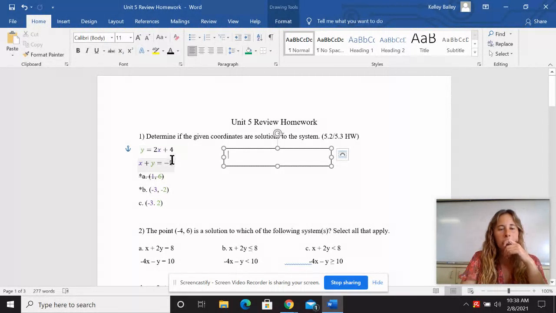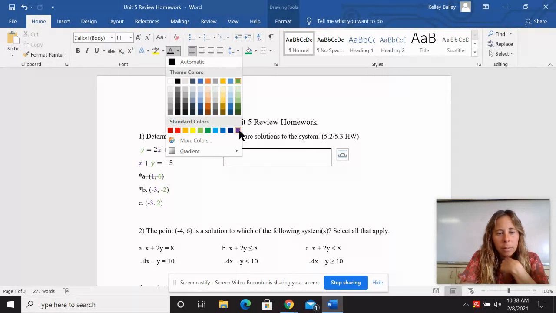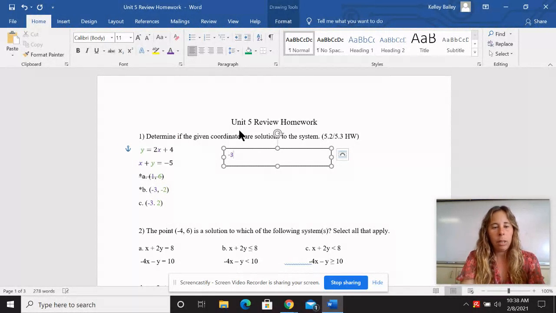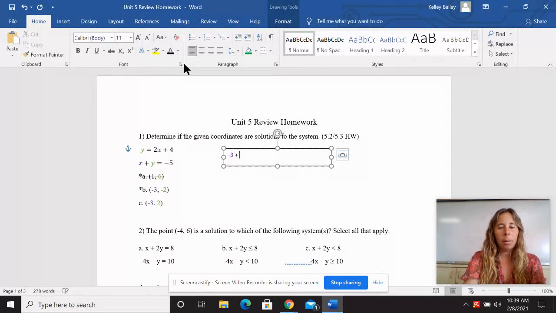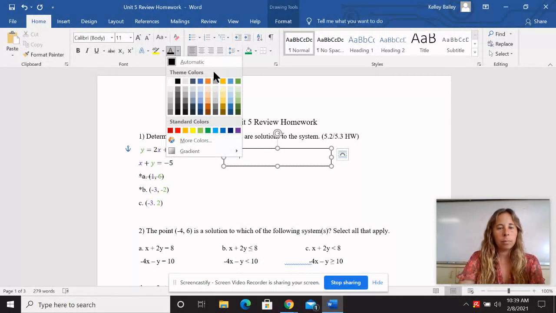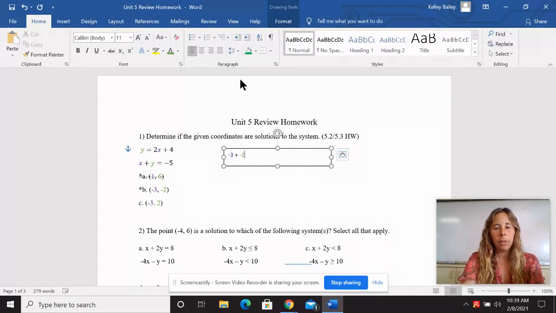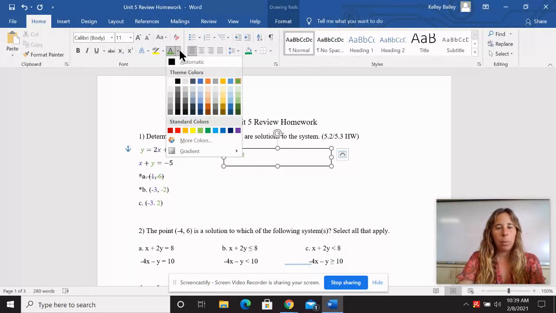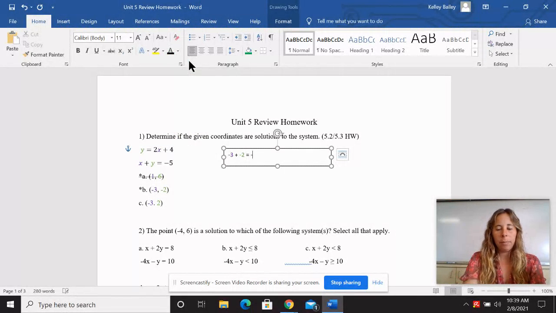So our second equation, x plus y equals negative 5. So x is negative 3 plus y, which is negative 2. And that should be equal to negative 5. Let's see.